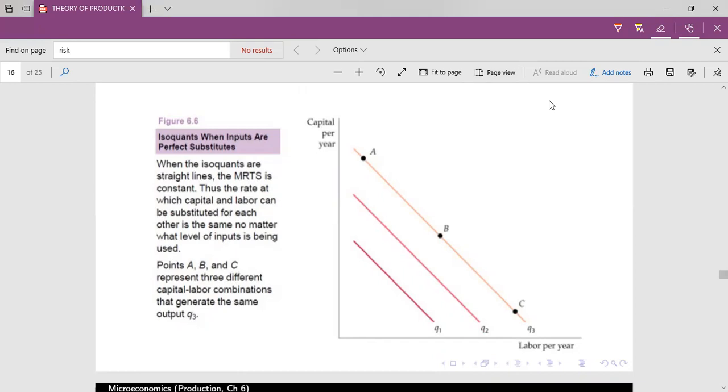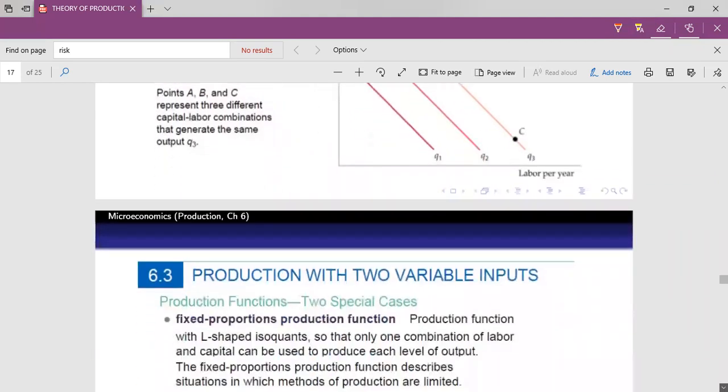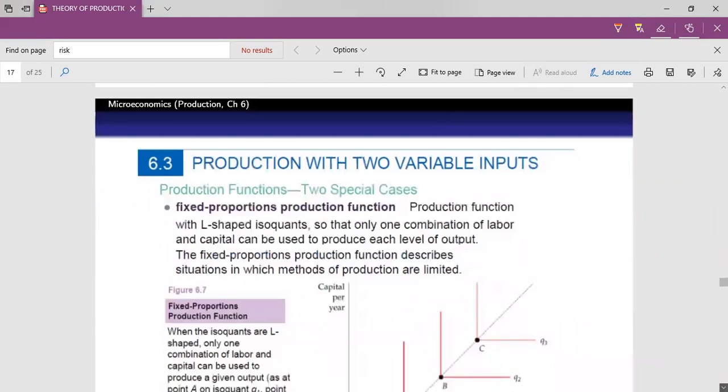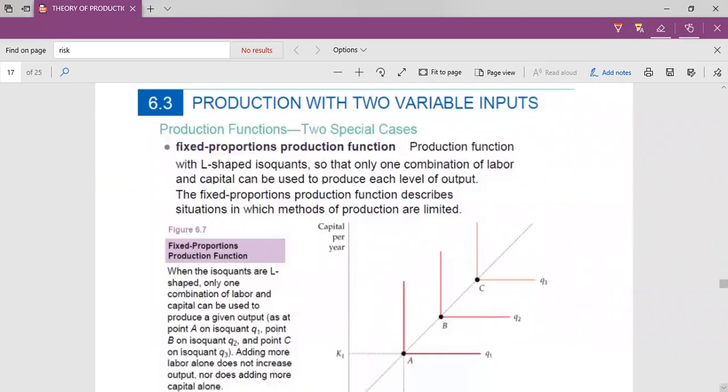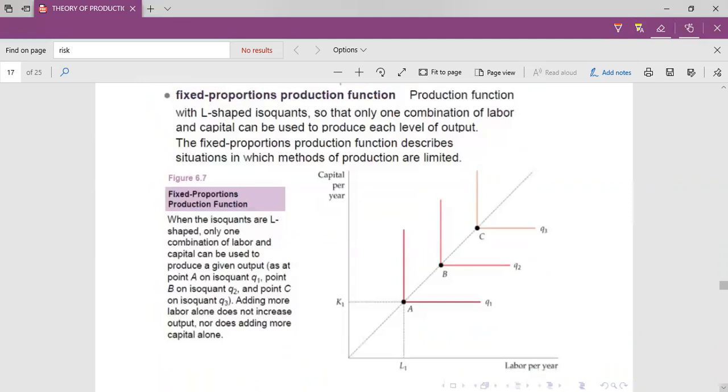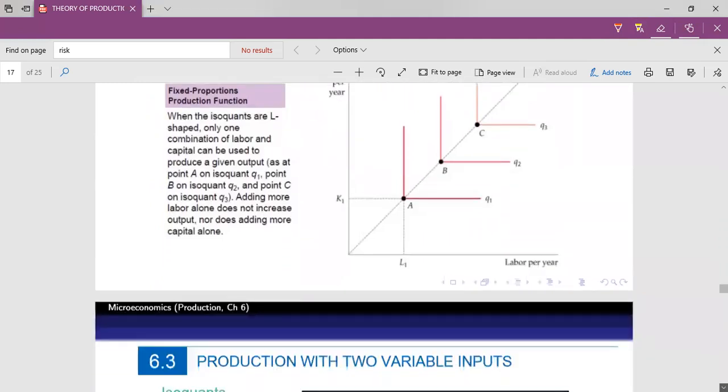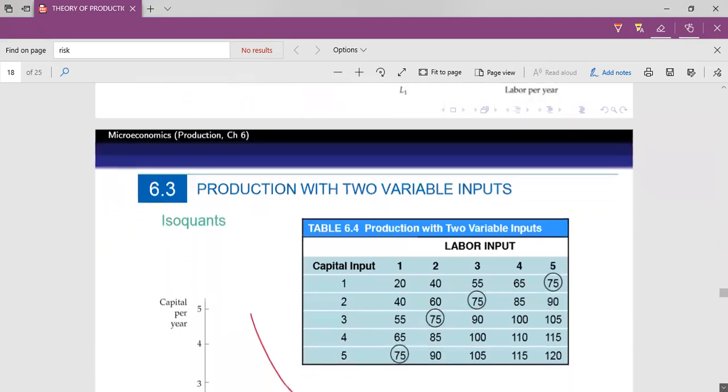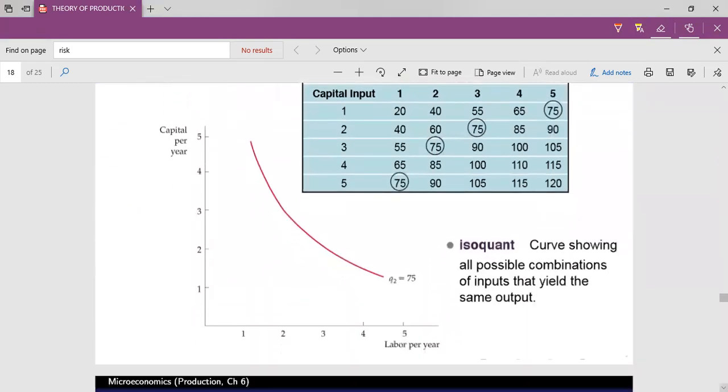So if the inputs in the production process are perfect substitutes, then our isoquants will be in that direction. So that's how an isoquant looks like.